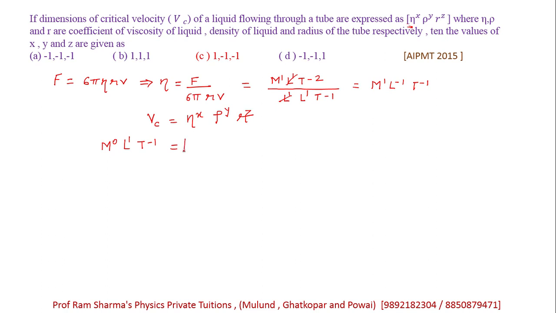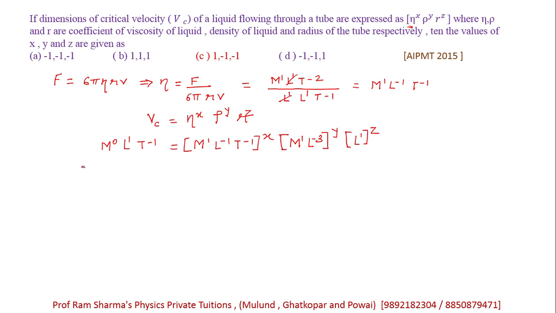That will be equal to eta, which we already calculated, M¹L⁻¹T⁻¹, and the power is x. Density is nothing but mass upon volume. So I can write M¹ and volume is L³, so in the numerator it becomes L⁻³, raised to y. And r is nothing but radius. Radius is a length, so L¹ raised to z.